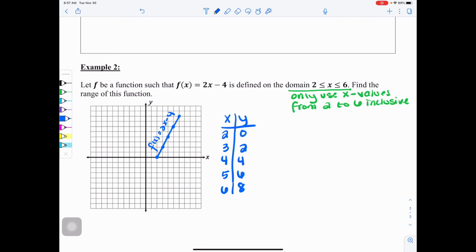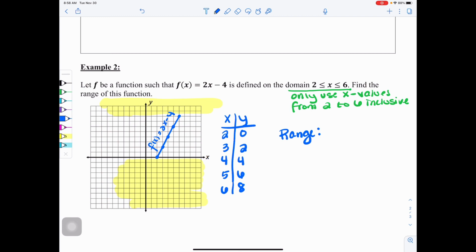So finally, they want us to find the range of this function. We now have a picture of the graph. So we could go ahead and start shading like this and see that my lowest y value is a 0, and my highest y value is an 8. And therefore, we can list the range as being between 0 and 8.